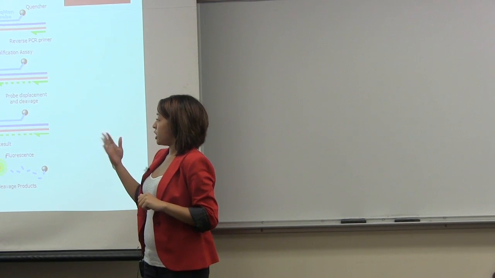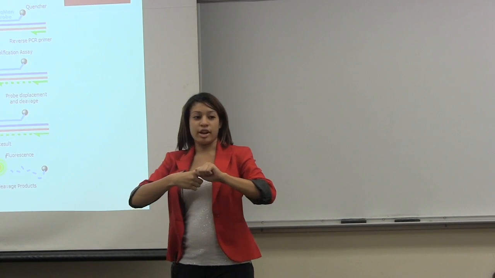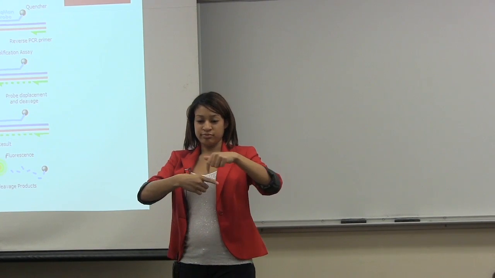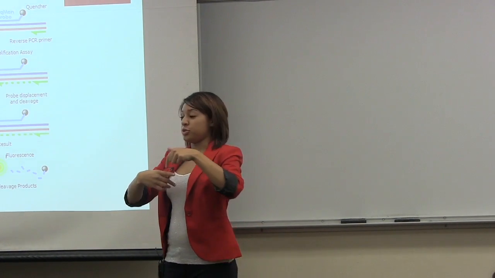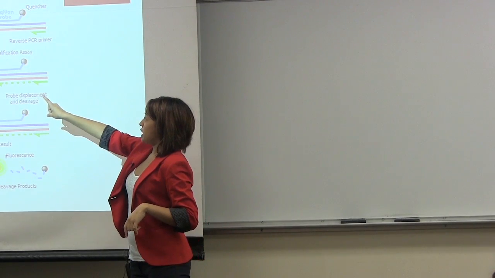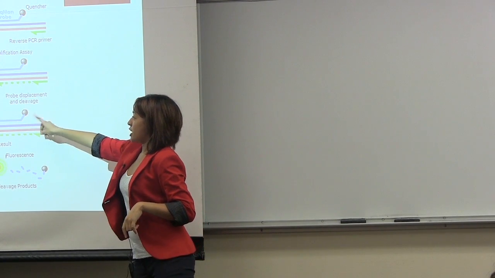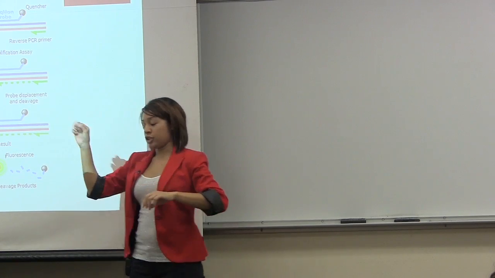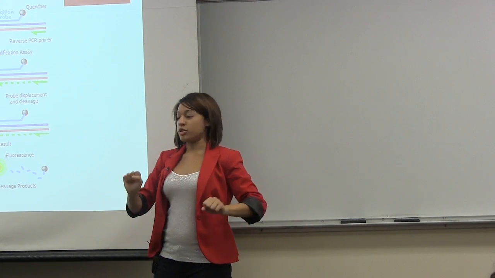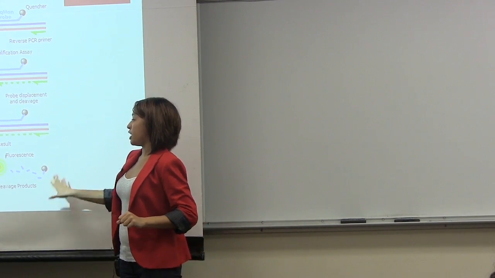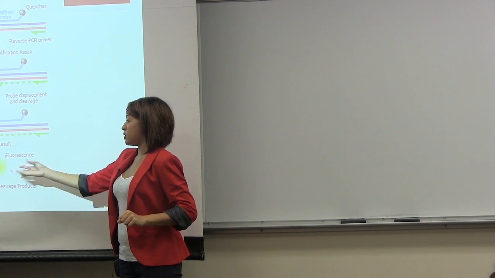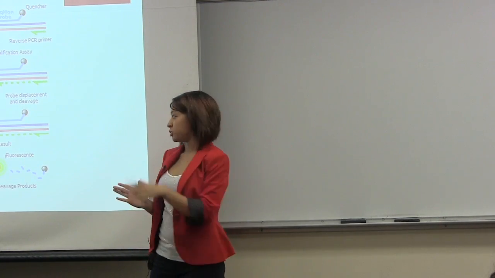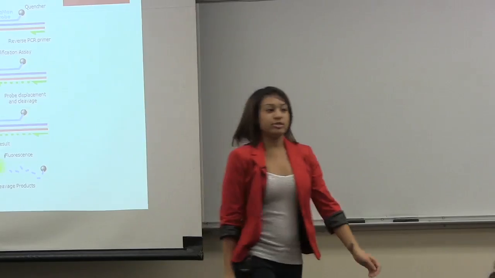And if you do have enough RNA in there to be paired with, it'll actually eat up this little probe right here. And when it eats up this probe, the fluorophore and the quencher separate, and so the quencher can't absorb the light, so it fluoresces, and then you can read it off on a little machine. And that's kind of what we use.